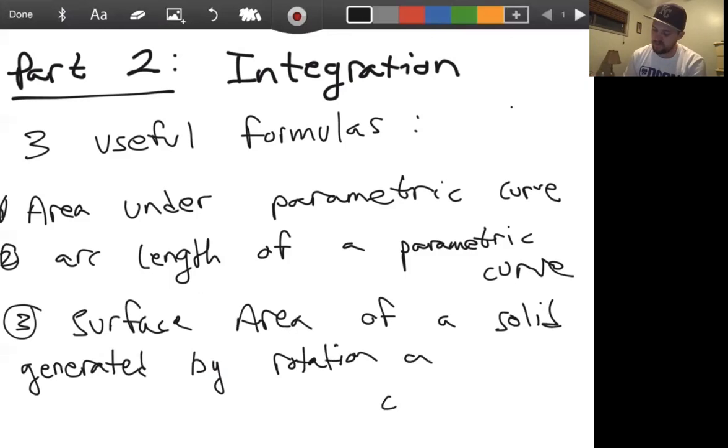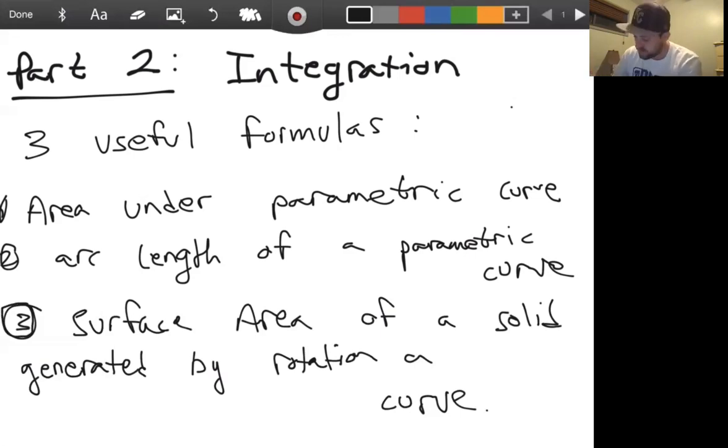I'll just say curve because we know by now that it's a parametric curve. So I would like to derive 2 of these formulas. The derivation of the third one is kind of a consequence of the derivation of the second one.